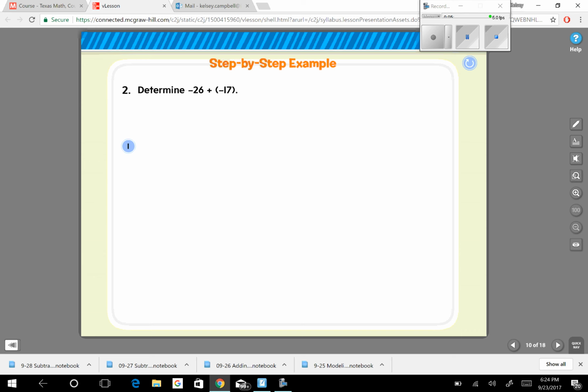All right, here's our first example. And make sure you're writing down the examples. So you can put example 1. Example 1. Negative 26 plus negative 17. Do these have the same signs or different signs? That's what you got to ask yourself. They're both negative, so they have the same sign. So we're going to sum.